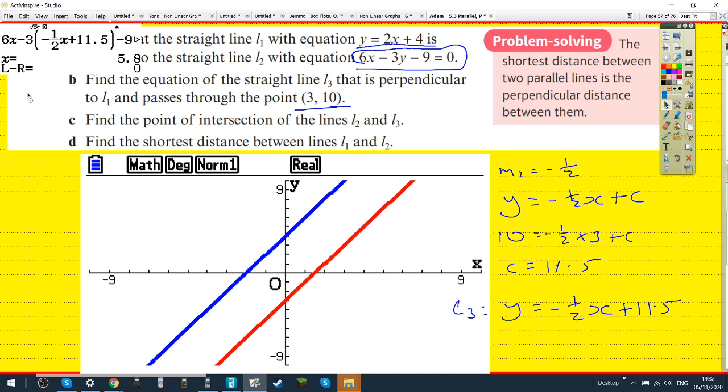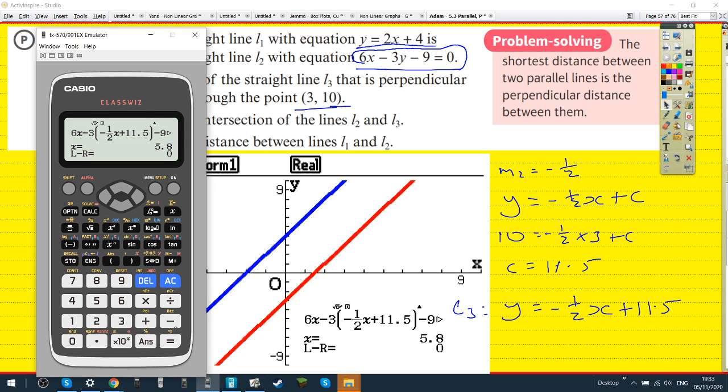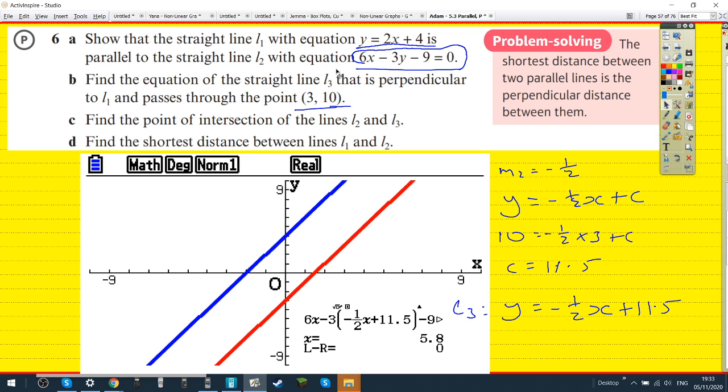Now can you substitute 5.8 into y equals minus a half x plus 11.5? Yep, well done. So minus a half times 5.8 plus 11.5. I got 43 over 5. 43 over 5, yeah, that's 8.6. That's it. So that's the point of intersection.